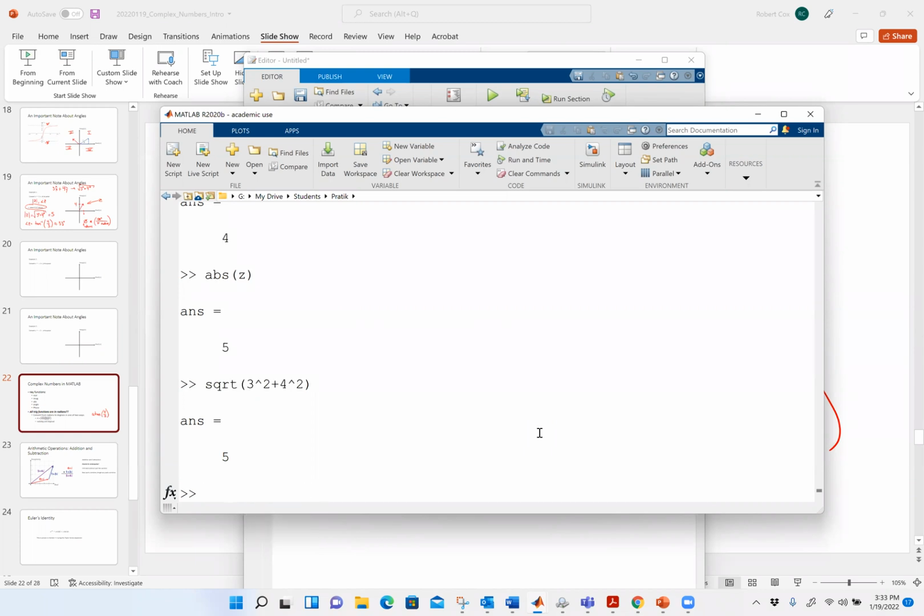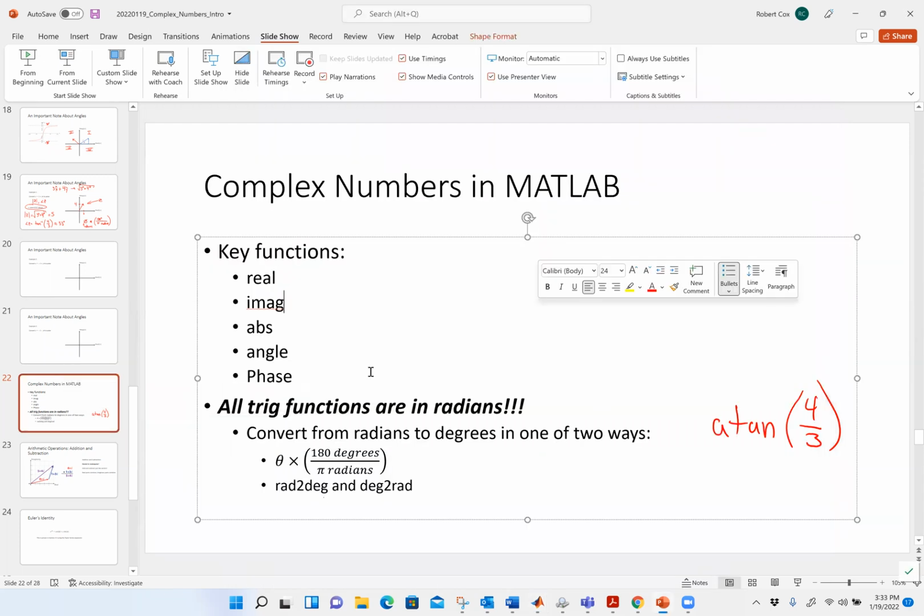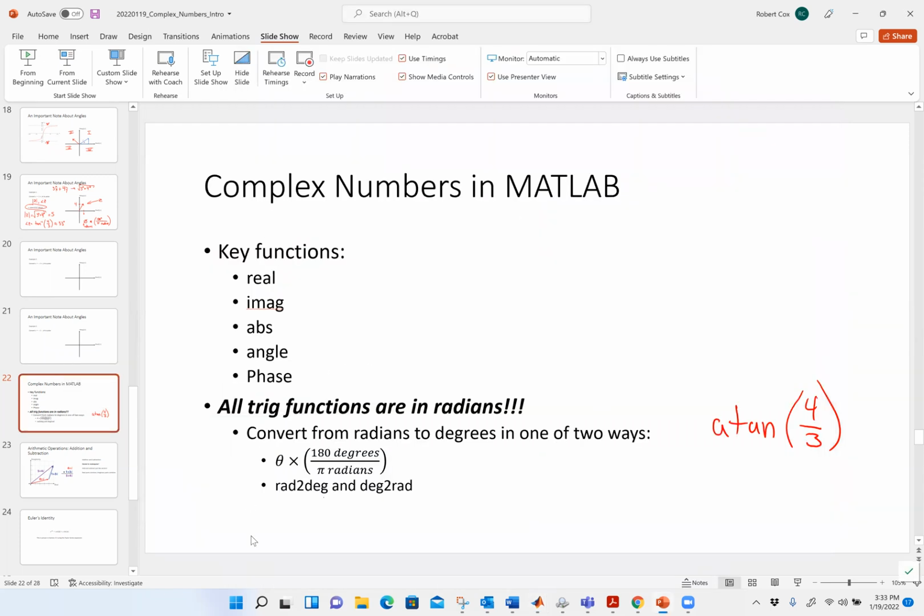Now I also mention two other things here, angle and phase. Angle will give me values in radians between 0 and 2 pi. Phase will give me values between negative pi and pi.